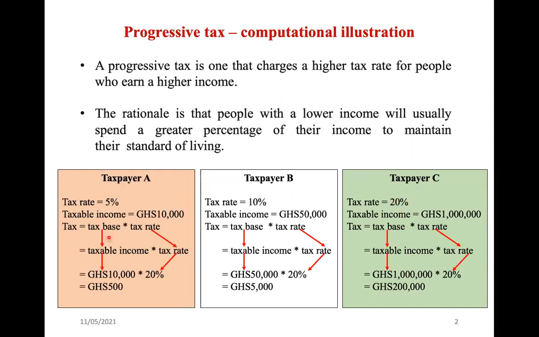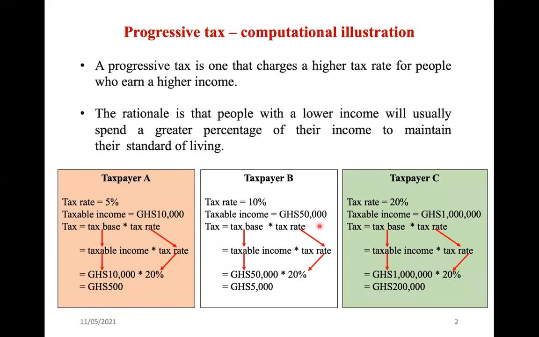If you do the computation, the total amount of tax each one of them is supposed to pay is the product of the income and the tax rate. So the tax base is the income of 10,000 for taxpayer A, and his tax rate is 5%. If you multiply 10,000 by 5%, taxpayer A pays a tax of 500 Ghana cedis.